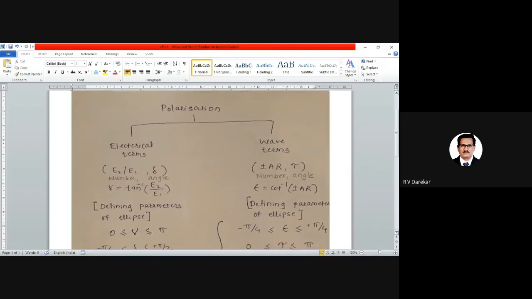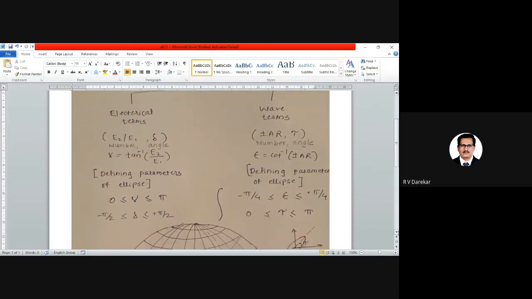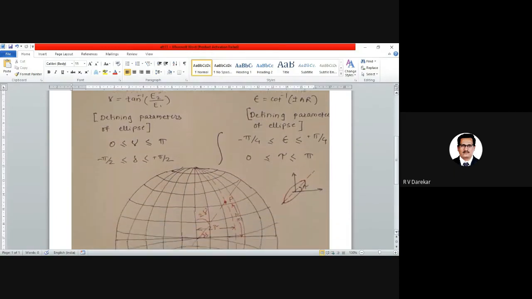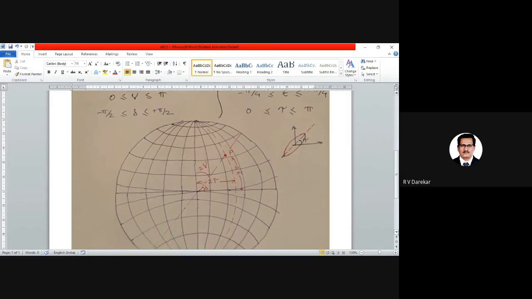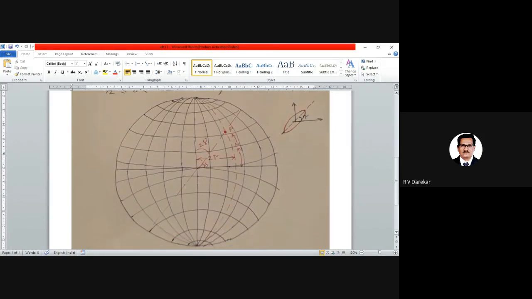For such type of considered electromagnetic wave, here let us consider that we are drawing a sphere, and that sphere is having one vertical plane. As here we can observe, this is the vertical plane in front of we all.